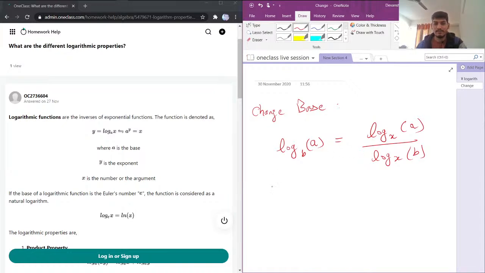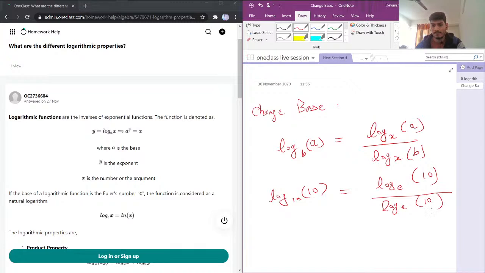So if I have a number, say log of 10 with base 10, and I want this in the natural log, I can write log of 10 over log base e of 10, and this will just cancel and I will get 1.